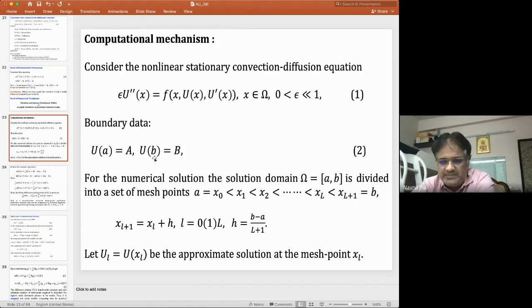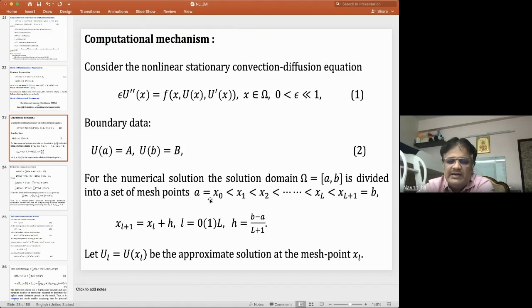Boundary data is specified: u at lowercase a is A and u at lowercase b is uppercase B. So our domain is from a to b. We divide it into a set of mesh points, which I denote by x0, x1, x2, up to x(l+1) equal to b. The last mesh point is basically b, and the initial mesh point is a.